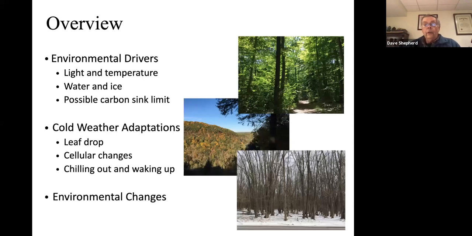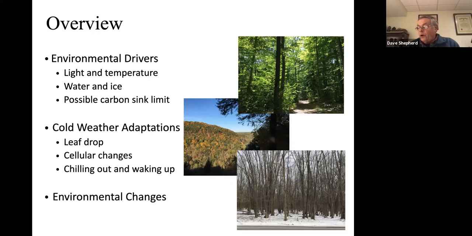Now, what I'm showing you here is just a quick outline of what we'll be talking about tonight. We're going to talk a very little bit about what dormancy is, to define that process. Then we'll talk about the drivers that make dormancy necessary.